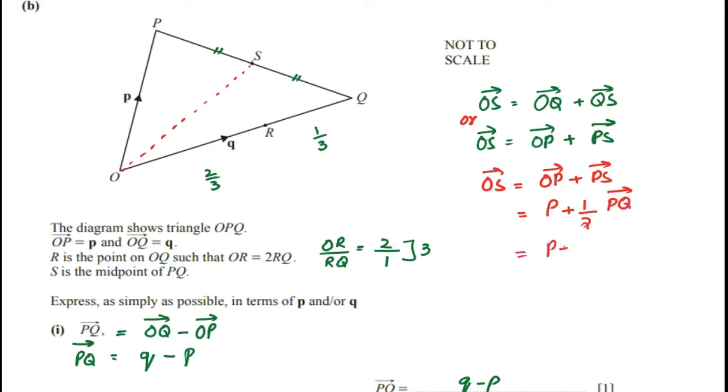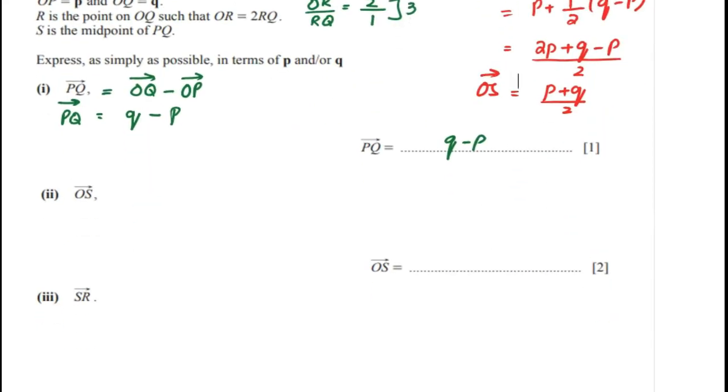So P plus half of Q minus P. And if we take an LCM, so 2P plus Q minus P upon 2. So 2P minus P is equal to P plus Q upon 2. So OS is equal to P plus Q upon 2. Here we have OS is equal to P plus Q upon 2.